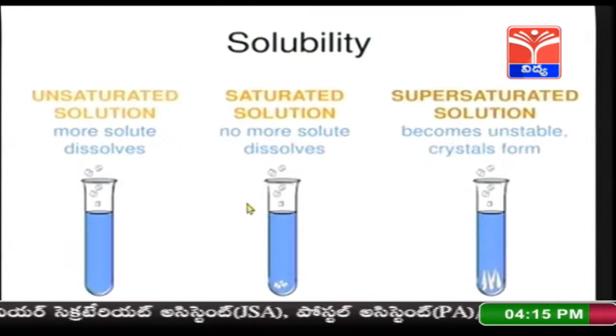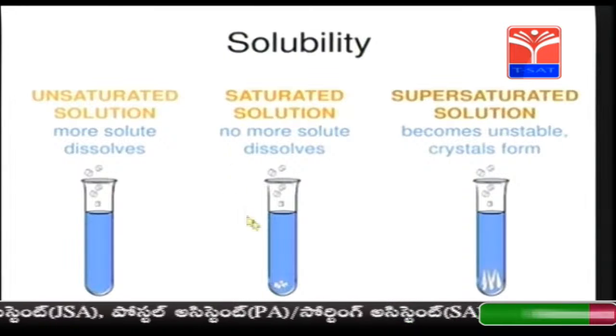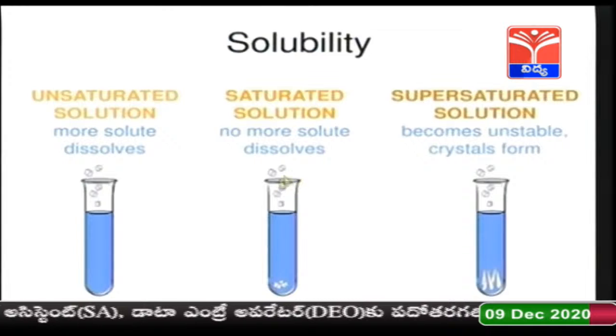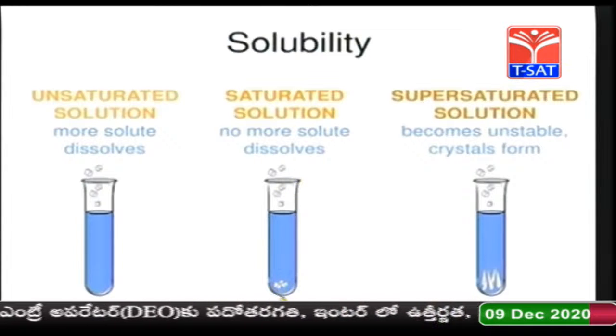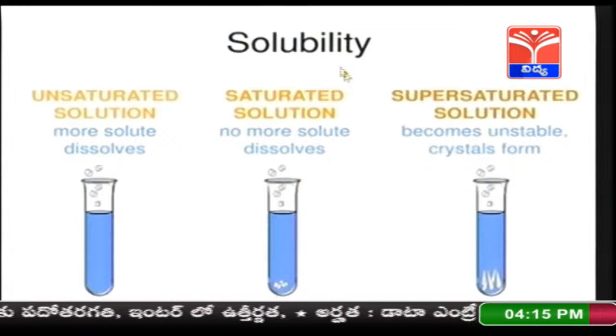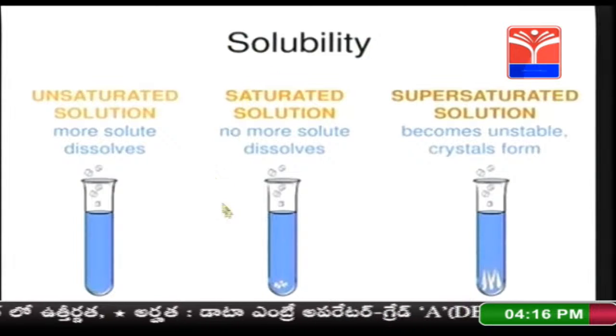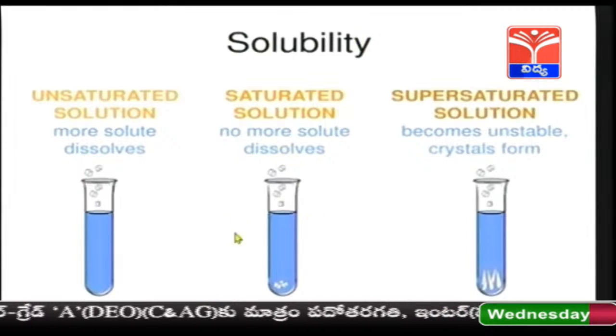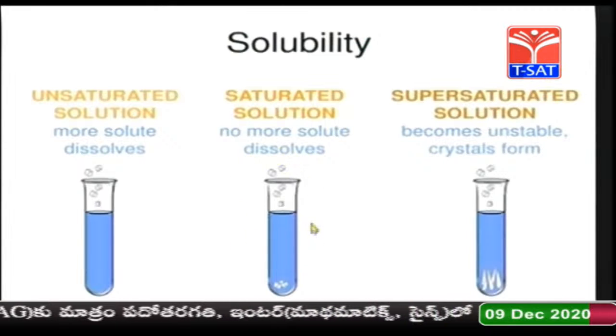It cannot take any more solute particles. After some time you can see the solute particles keep settling down here. So solubility is the amount of solute present in this solution. No more solute particles can be added.